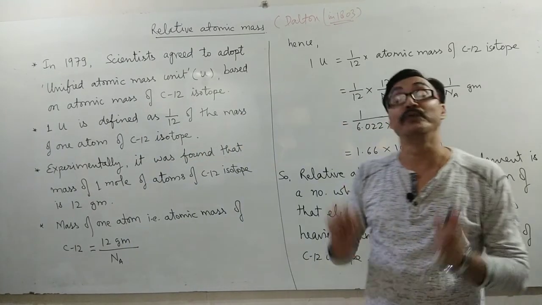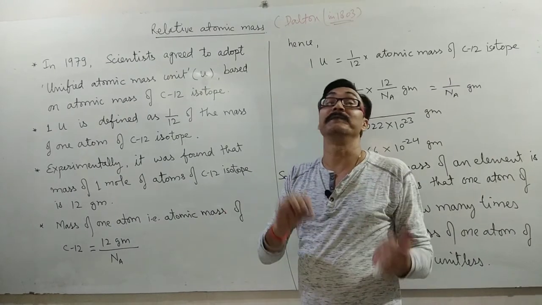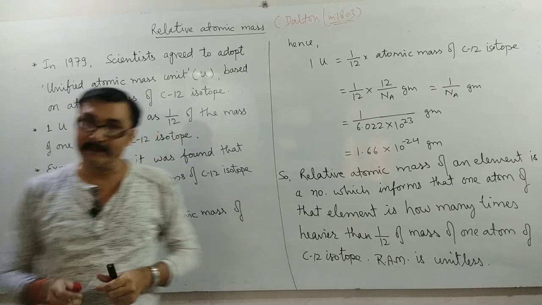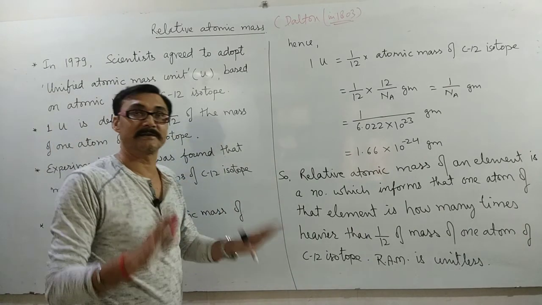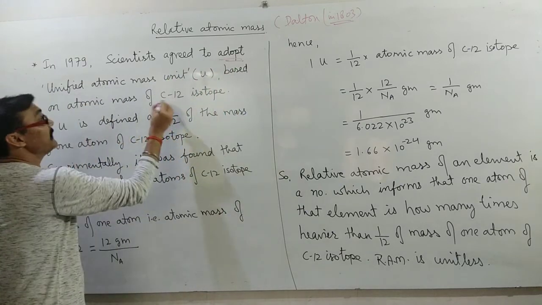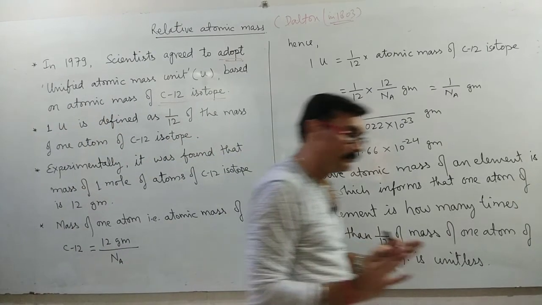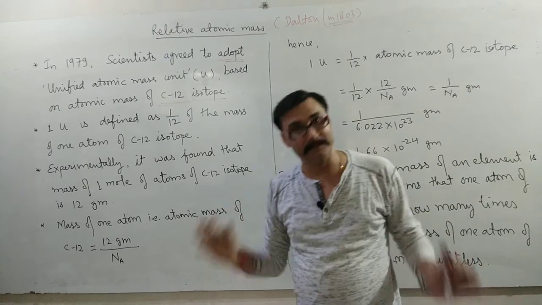But due to a few controversies between chemists and physicists, finally in 1979 all scientists, that is chemists as well as physicists, agreed to adopt the carbon 12 isotope as a reference atom to compare the atomic masses of other elements.